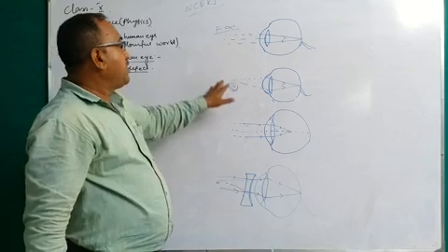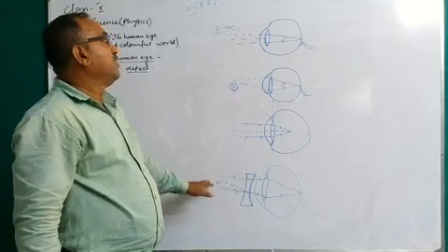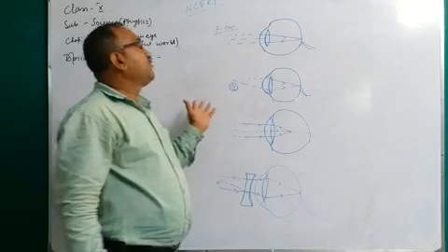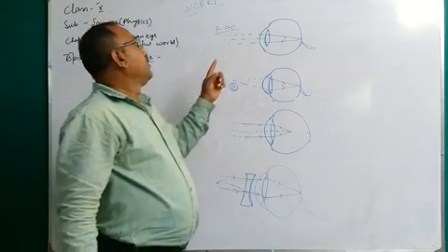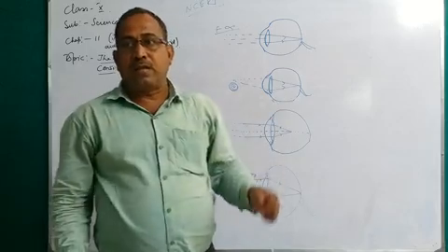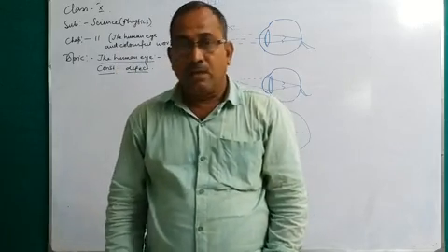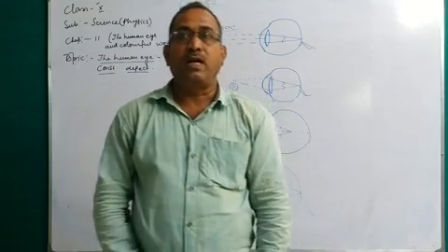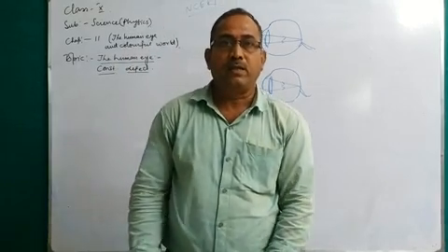You must mention the far point for the myopic eye. And similarly, when you draw the hypermetropic eye, that time you must try to draw the near point. After this portion, next class, I will continue with the hypermetropic eye. Thank you, my dear students.